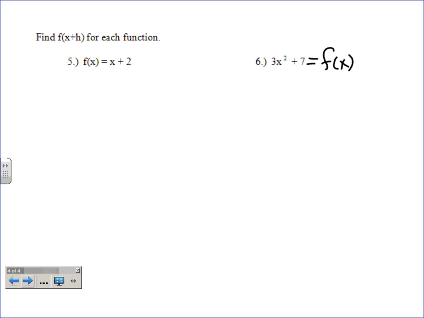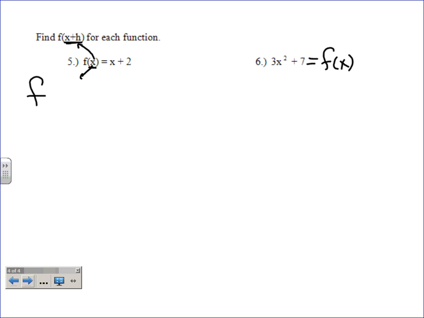But before, we replaced it with, what, a 3 and a negative 2? That's what we replaced the x with. Now we're going to replace the x with more letters than there were before. Because right there, if we started with f of x, the x is going to get replaced by x plus h. So let's get started.